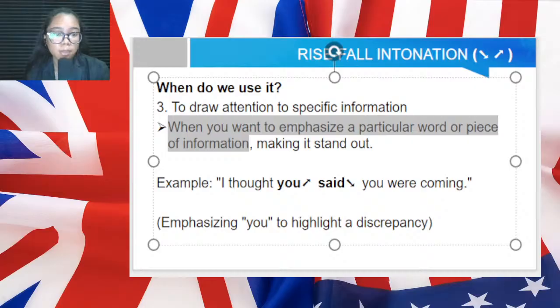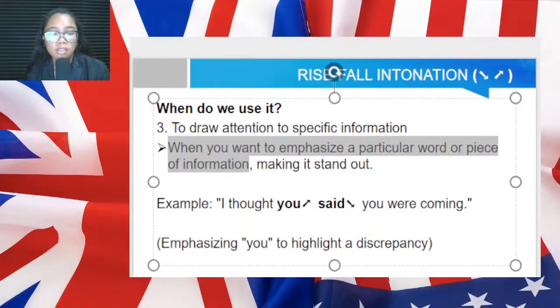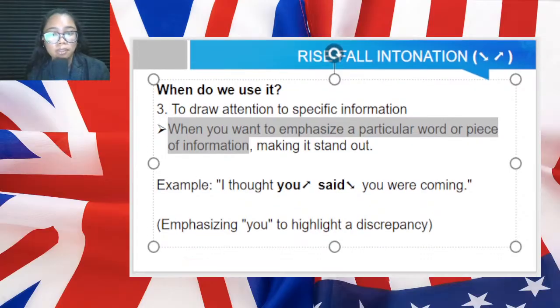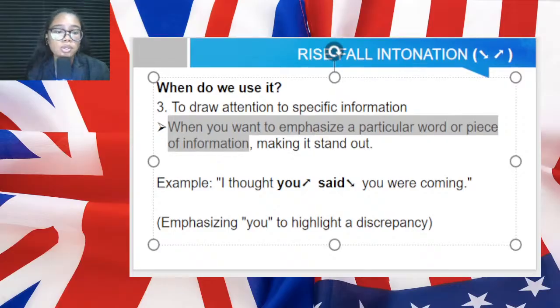This could be a person, a place, a time, an action, or a specific characteristic. When you want to ensure your listener understands exactly what you're focusing on, or if you're correcting a misunderstanding, you use emphasis. You make it stand out by applying the riseful intonation to that specific word. You effectively put a vocal spotlight on it.